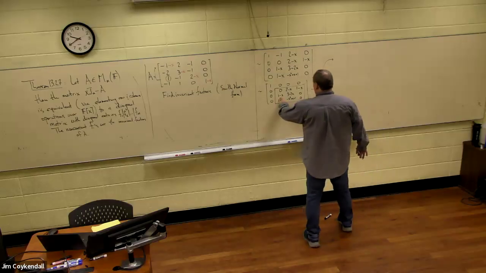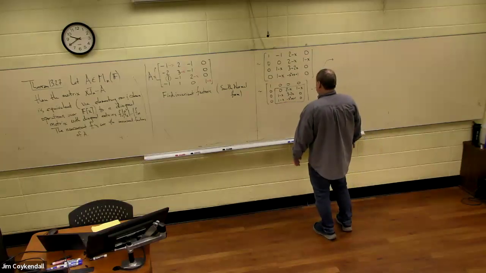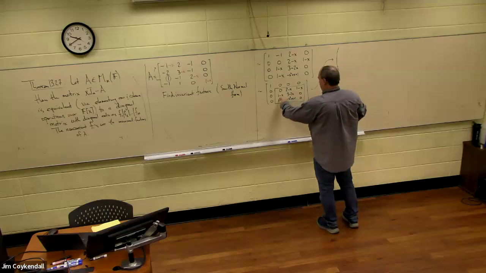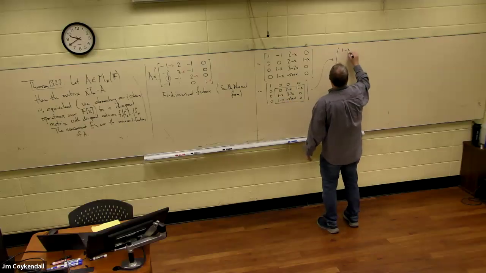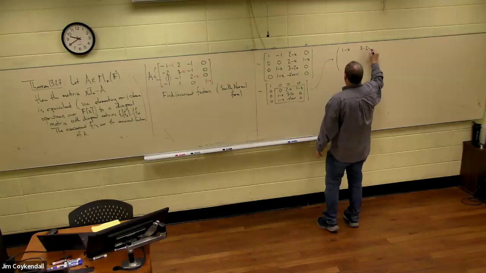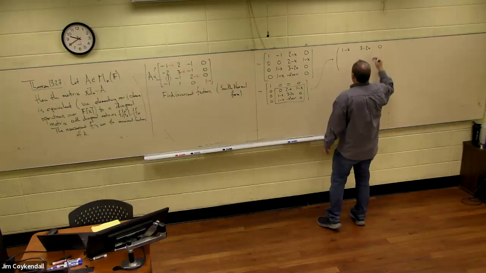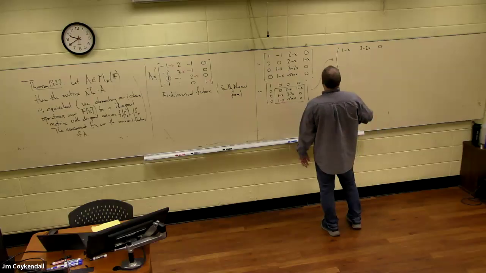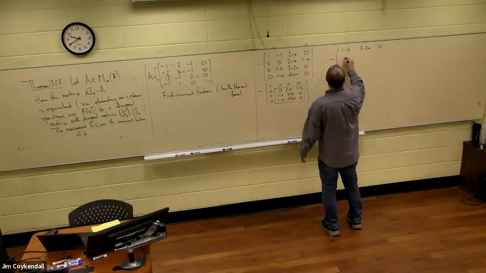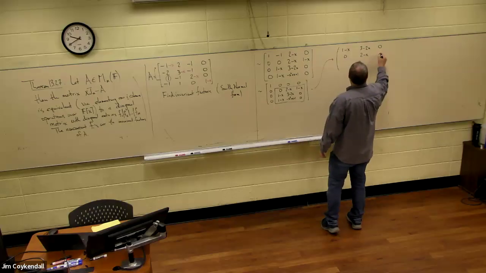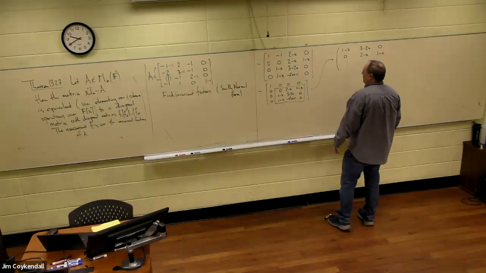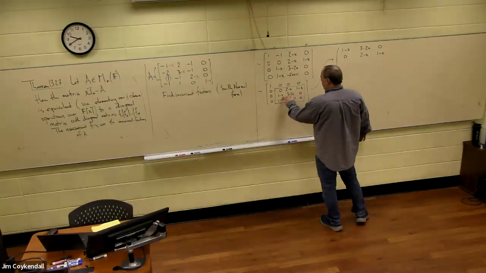I'm gonna put you on top. Right, so I'm gonna do the 3 by 3. I'm gonna put 1 minus x, 3 minus 2x, 0 on top. Then at the next level, I'm gonna put 0, 2 minus x, 0, or I'm sorry, 1 minus x. So that was just a copy job.